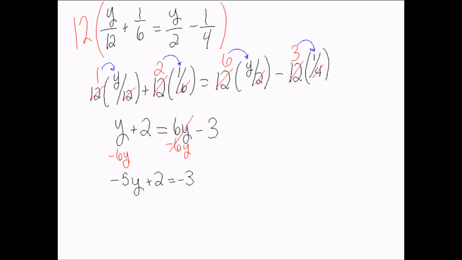And then I'm going to subtract 2 from both sides. Then I'm going to divide them out. So I got y equals 1, and I'm just going to show you that it still works. I'm going to plug that in and check it.